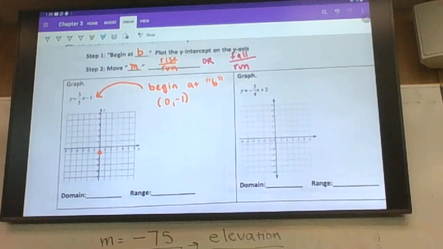Begin at B. You always need 2 points. And you move M, and the M value here is 3 over 5, and it's positive, so we will say rise over run.